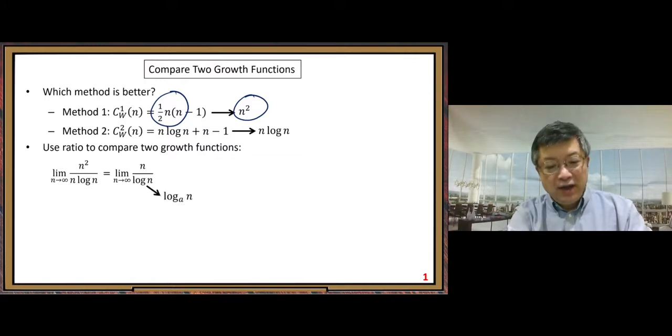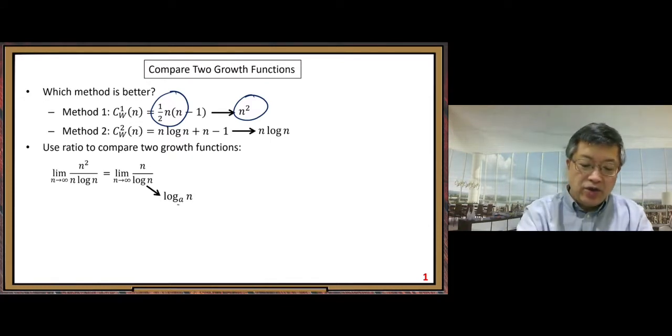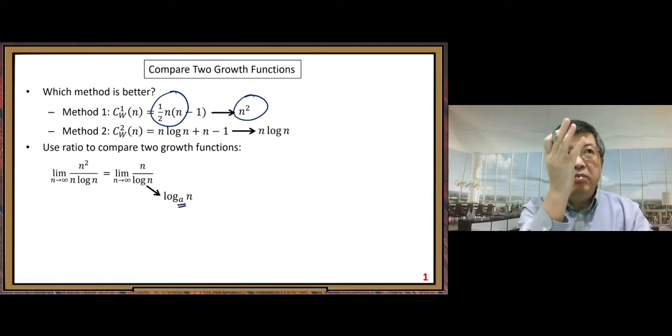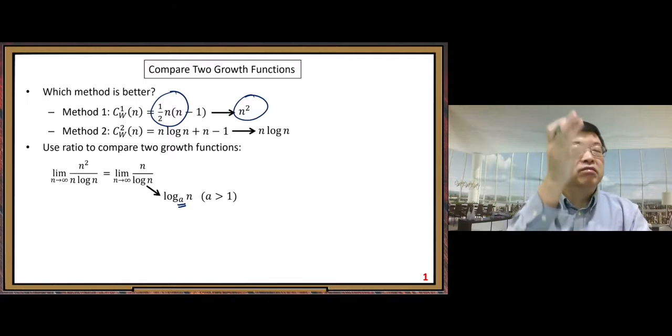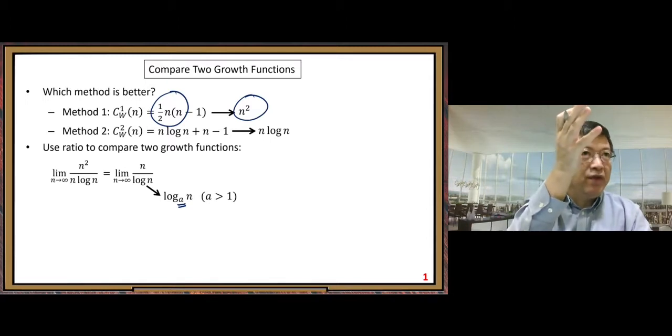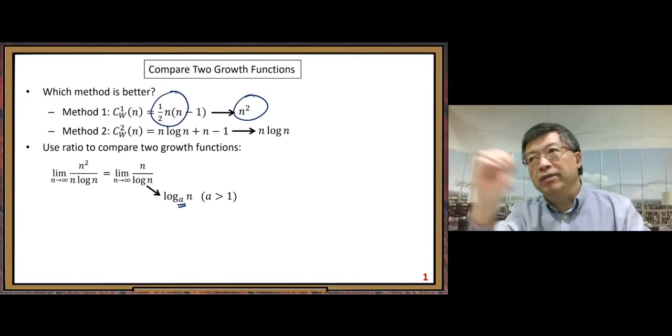No? All right. Here the log, although we do not have the base, because when you talk about log you have to use a certain base, here we just use some general base a. We want it to satisfy only this condition, a greater than 1.